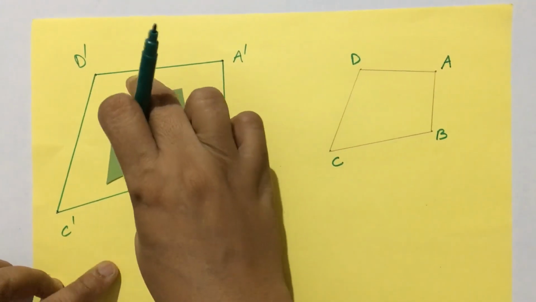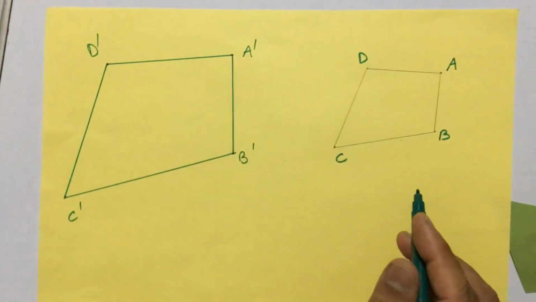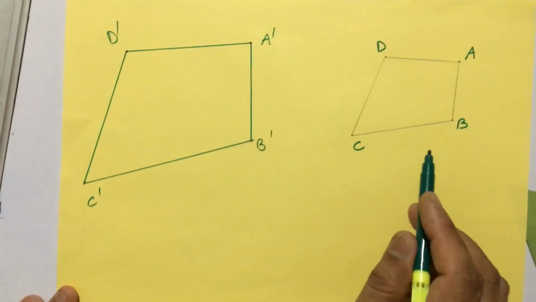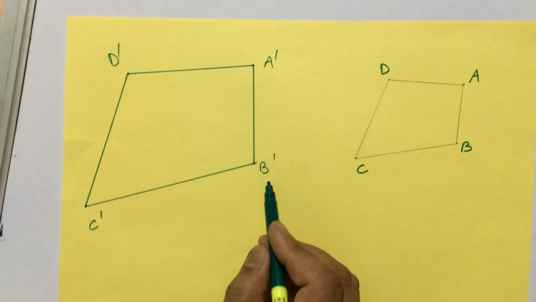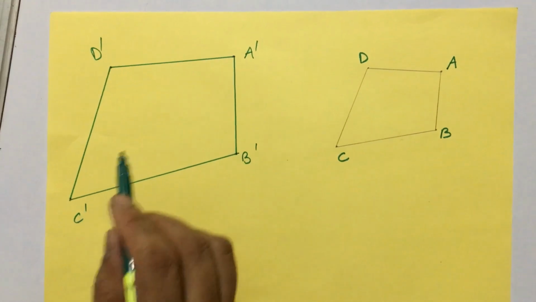How is it possible? Now measure the angles of this quadrilateral ABCD and A dash, B dash, C dash, and D dash.